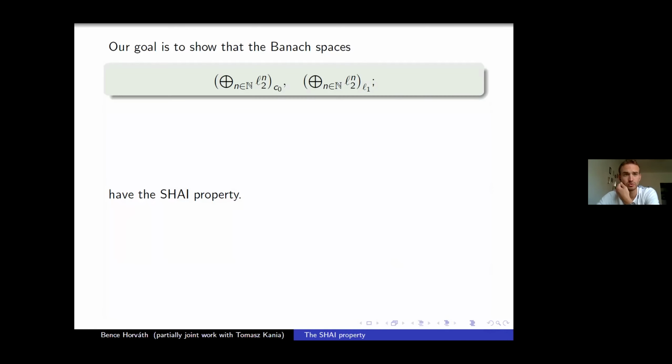What I would like to do, in at least some part of the rest of the talk, is to show that some other natural Banach spaces have the Psi property. Firstly, I would like to consider the C0 and the L1 sum of finite dimensional Hilbert spaces.